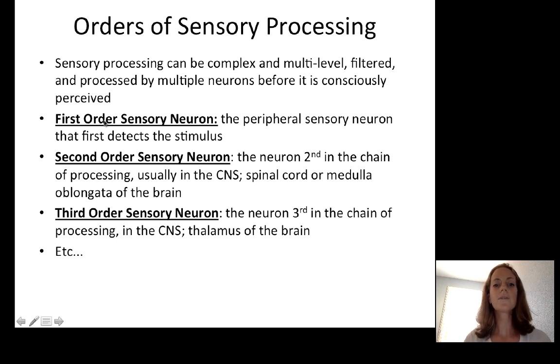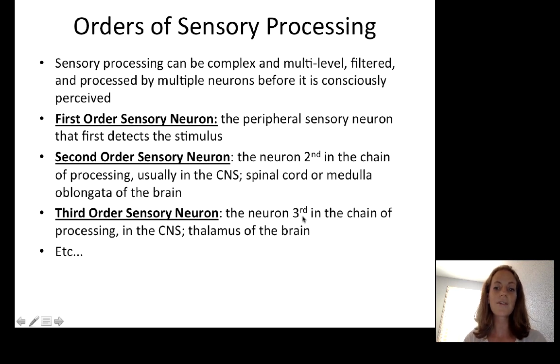There's the first order sensory neuron, which will be in the periphery, outside of the spinal cord, that will detect the stimulus. There's a second order sensory neuron that will be second in the chain, usually within the spinal cord or lower brain regions like the medulla oblongata. And they will be the intermediary before it reaches the higher orders of the brain.